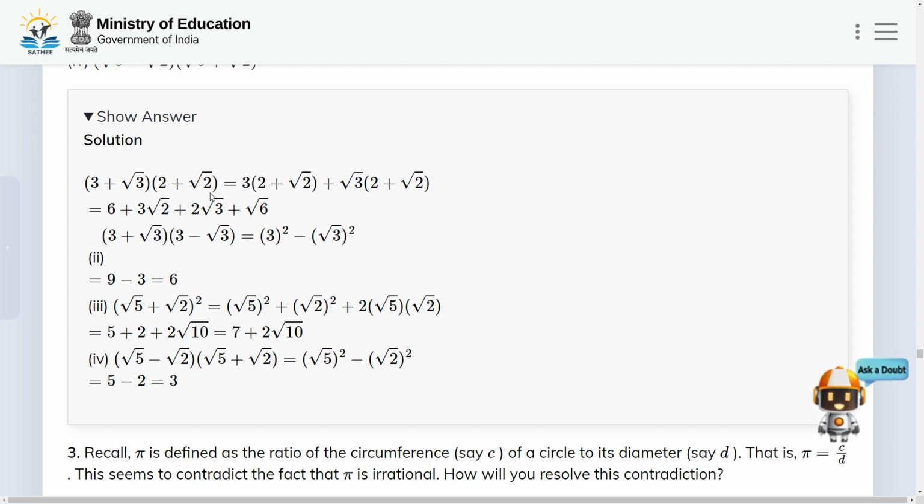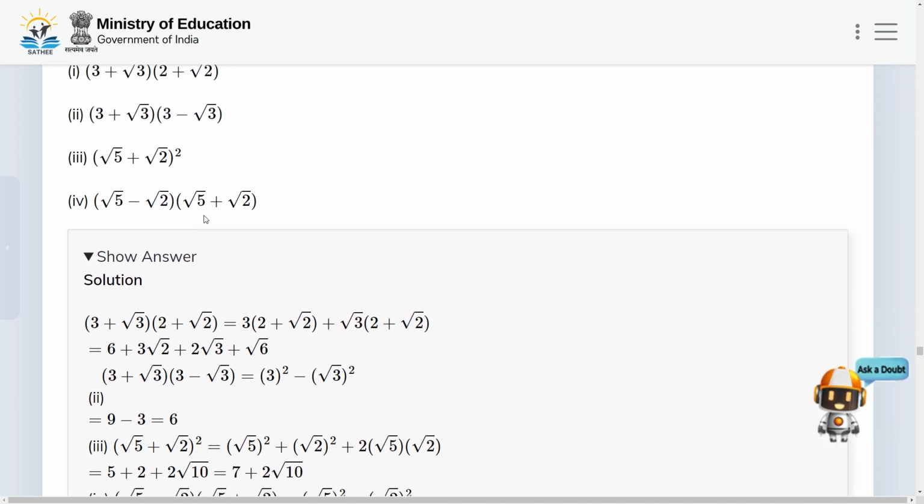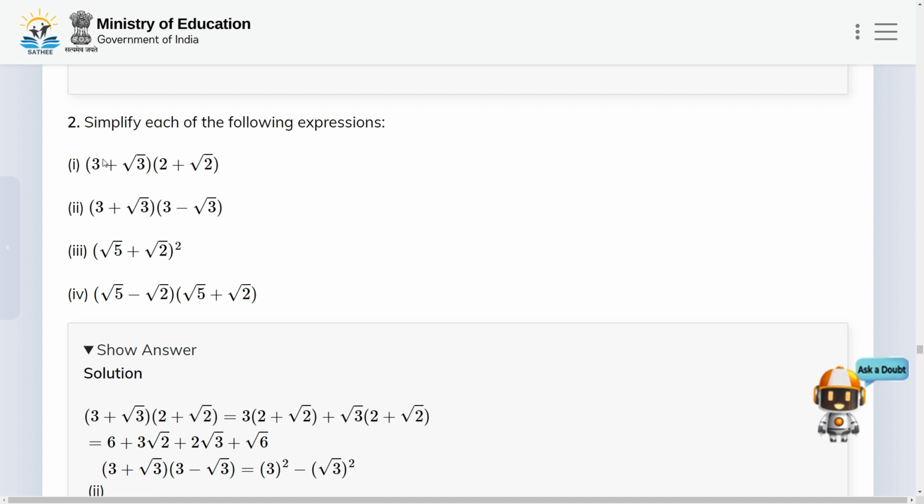Okay, and this is actually the simplified version of this expression. So if we simplify the expression (3 + √3)(2 + √2), then we will get 6 + 3√2 + 2√3 + √6.